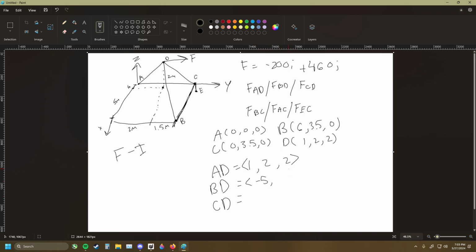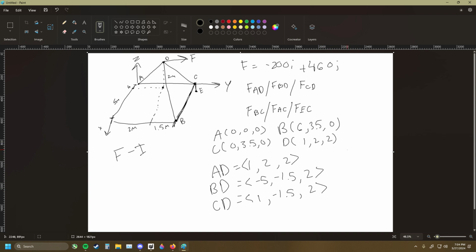Sorry, negative 1.5, and 2. Final minus initial. And then we would do the same, final minus initial: 1.5, 2.